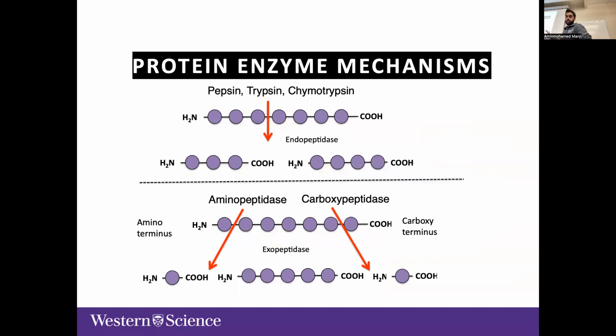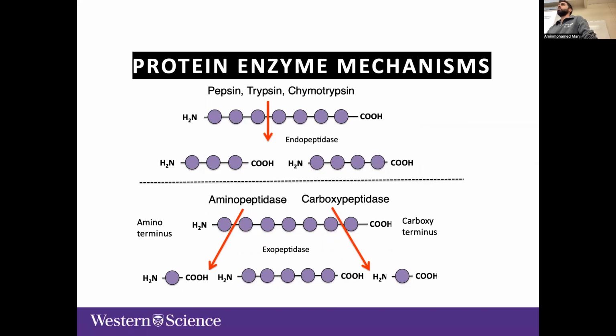Here's a summary slide of all the protein digesting enzymes. Pepsin, again, is coming from the earlobe. That's the earlobe, right? What'd you say? Not the pancreas, something else. Pepsin? Go ahead. Yeah, stomach.